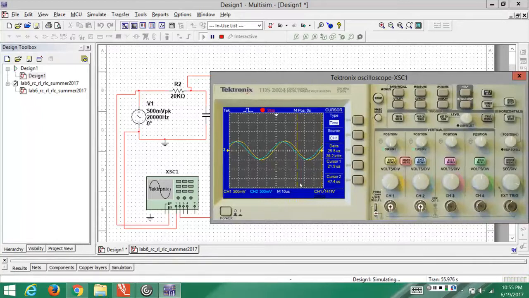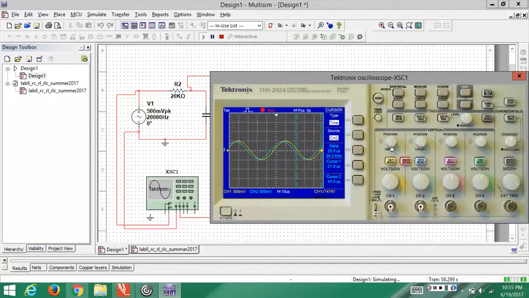I just moved cursor 1, so on the blue oscilloscope screen I can see on the menu it says cursor 1 is 21.9 microseconds. So keep that reading written down. I had 21.9 for the yellow waveform in channel 1. Now I need to switch to channel 2 to see exactly the time reading where channel 2 intersects the x-axis, and I'll switch this to channel 2 at first. And now I have the blue cursors over here.